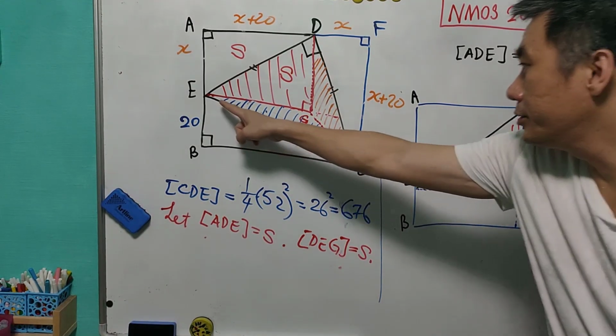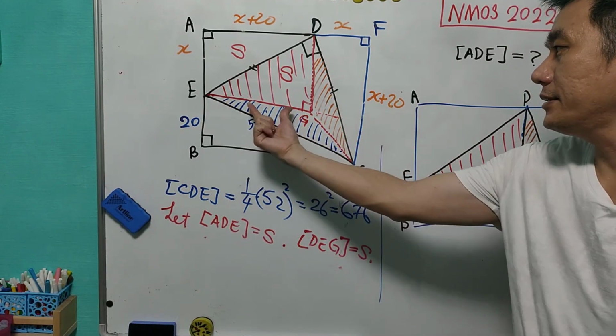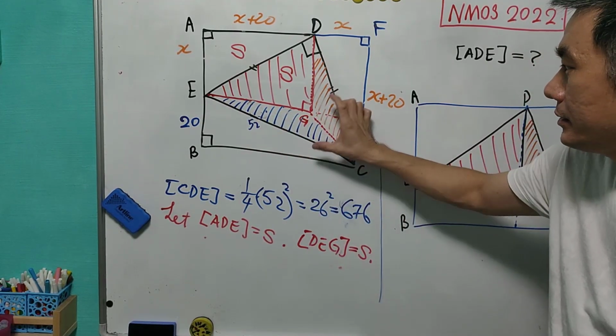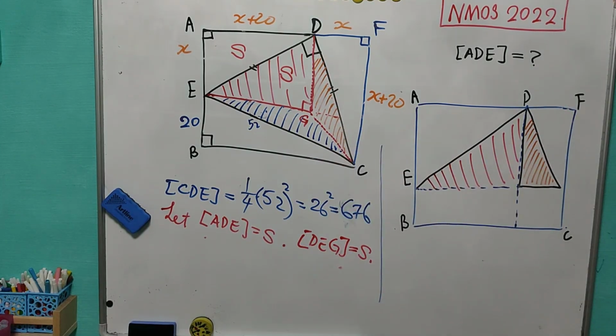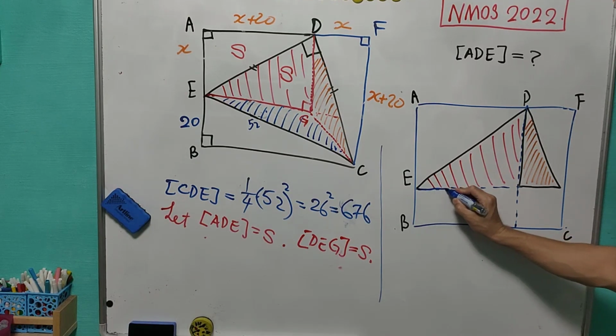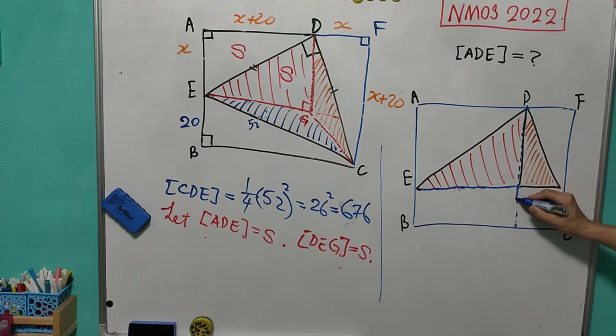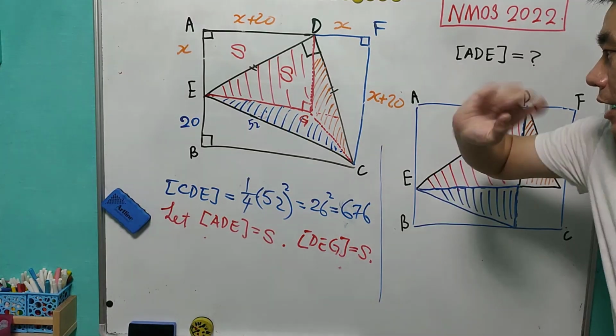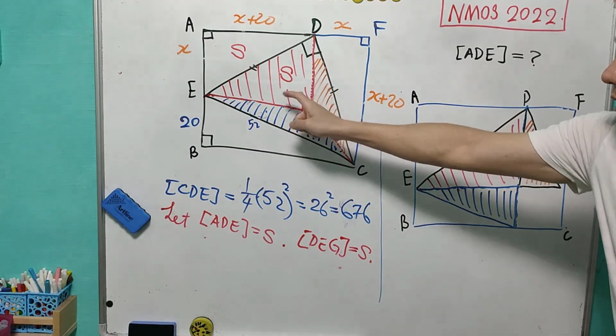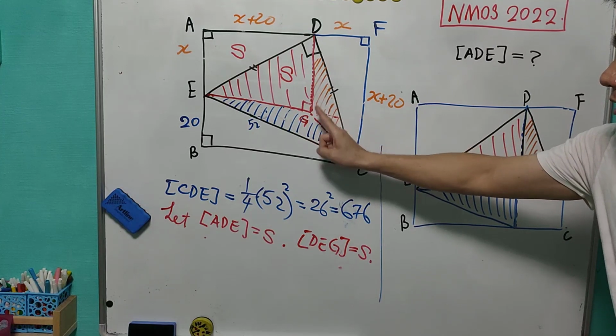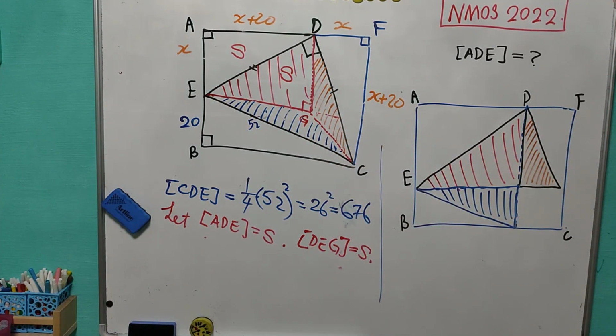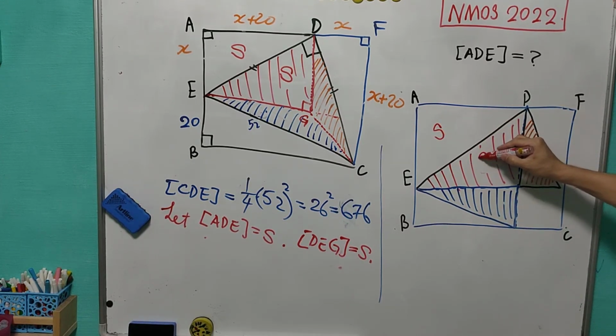For the blue triangle here, the base is EG and the height is 20. So I can redraw it with the base EG and the height 20. We see that the total area of this red, orange, blue triangle is equivalent to the total area of this red, orange, blue triangle. Now if this is S, this will also equal S.